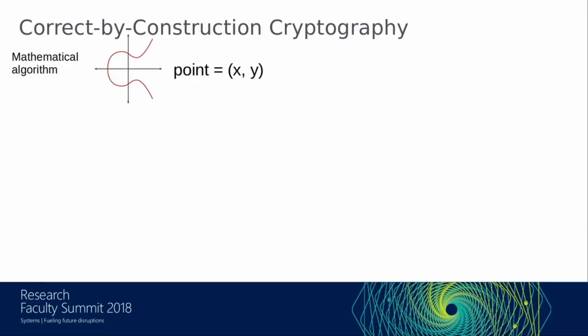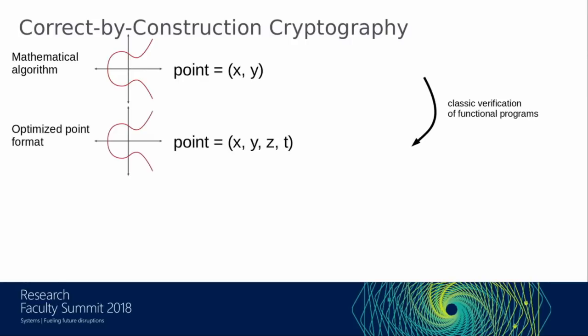So to give an idea of how we can, in a principled way, derive the code that we want to run instead of just starting with a pile of C code or assembly, we'll start out with mathematical algorithms, which in this domain of elliptic curves are all about two-dimensional geometry. And then typically one substitutes in a less obvious but more efficient implementation of points, which counterintuitively adds more coordinates to make things faster because we can run fewer expensive instructions when we rearrange things this way.